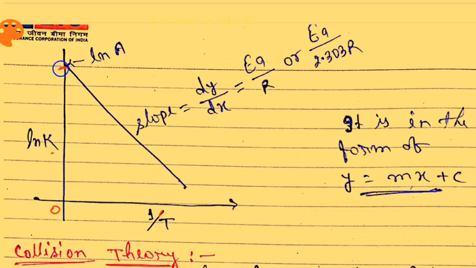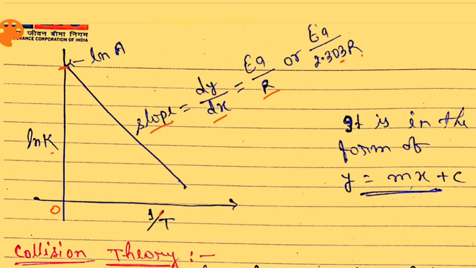Its value does not change, and the slope of this graph is in the form of dy by dx. So it indicates Ea by R or Ea by 2.303 R, because this value is fixed.